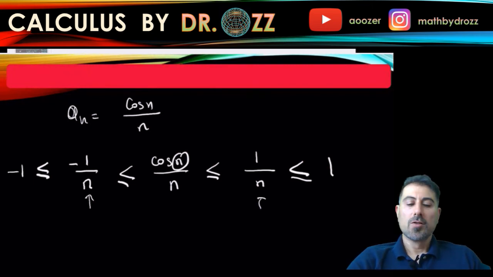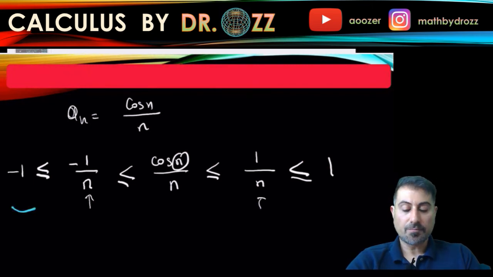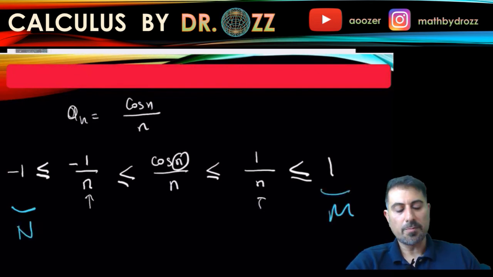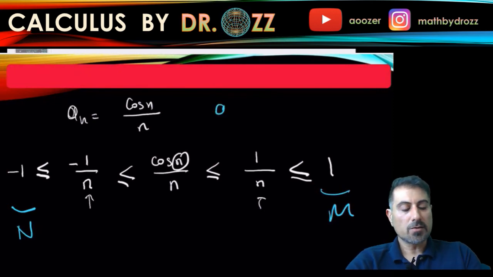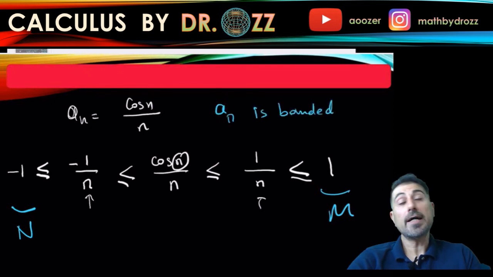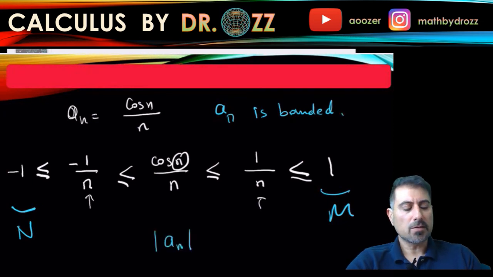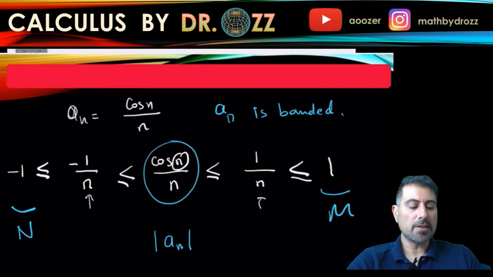So in this case, M is the upper bound and N is the lower bound. As you see, I have upper and lower bounds, so I can deduce that a_n is bounded below and above. I can also use the absolute value here, since a_n is bounded below and above by -1 and 1 respectively.